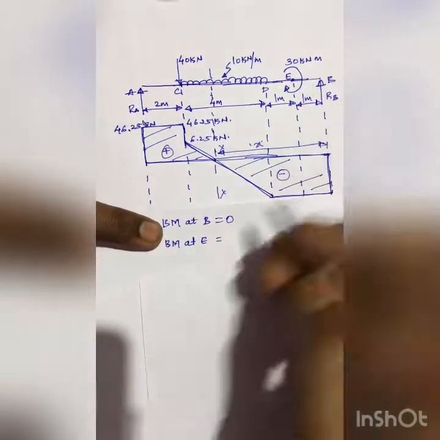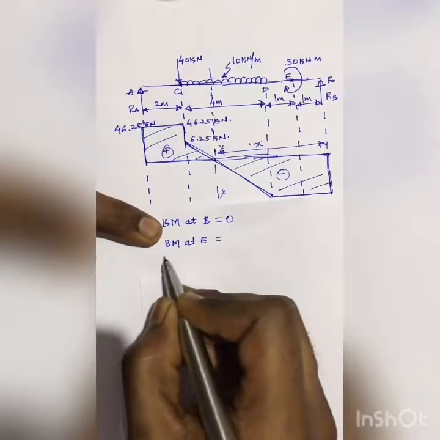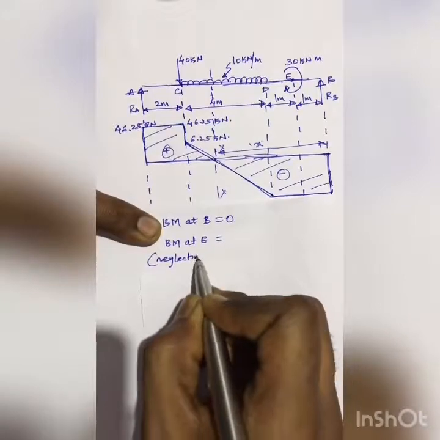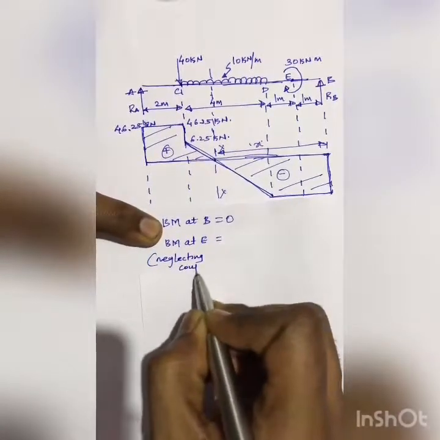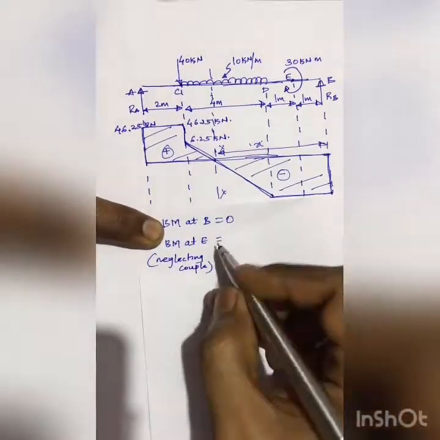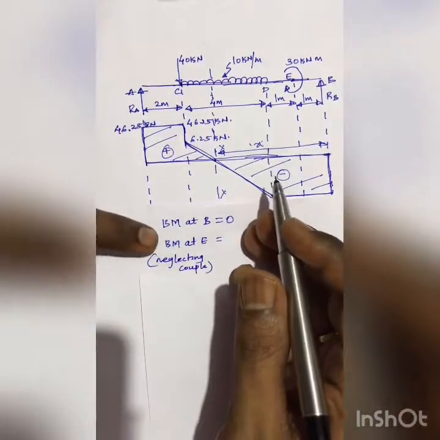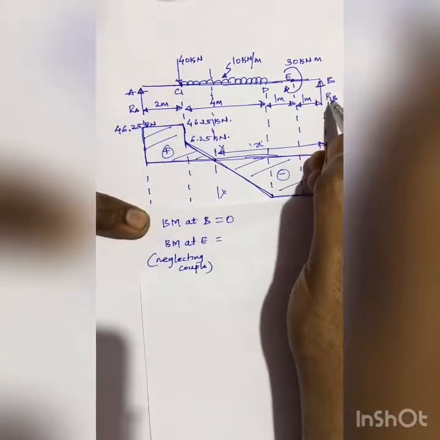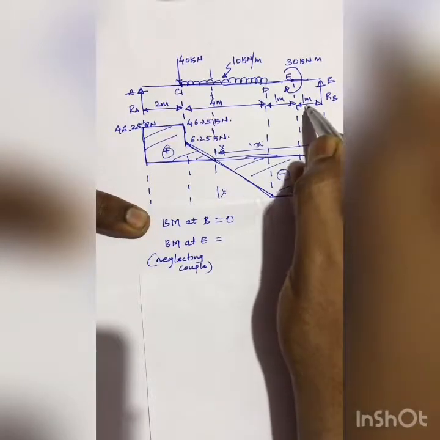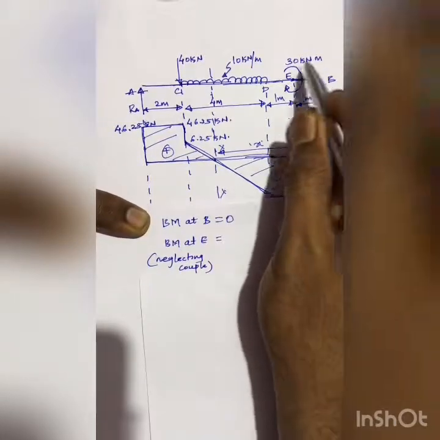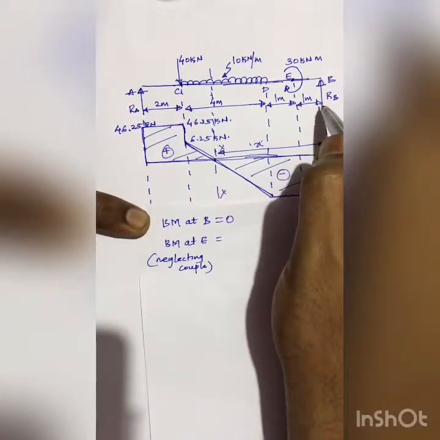So first I'll find out bending moment at E by neglecting couple. So by neglecting couple, what I get bending moment here to be RB into 1, and RB, since it's creating anti-clockwise moment, it is positive.